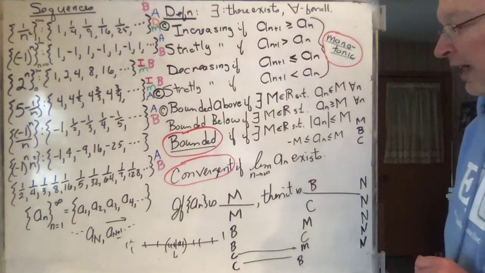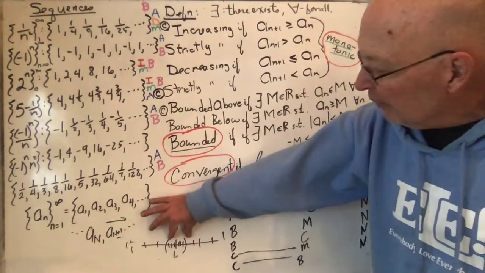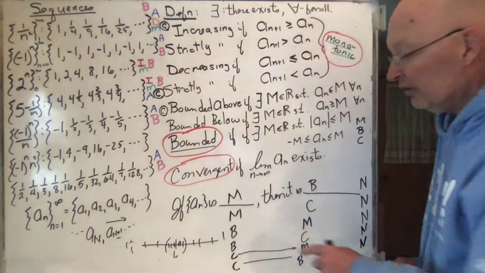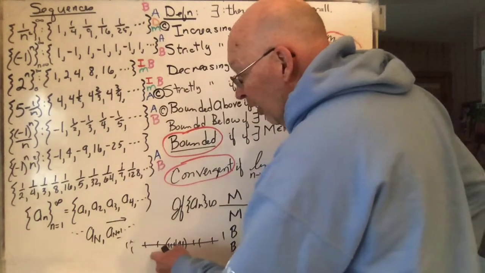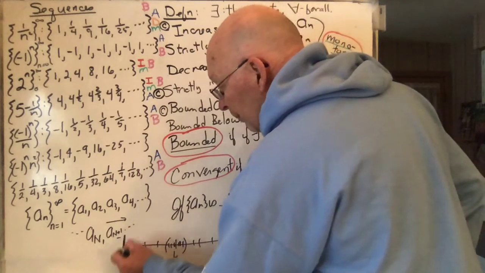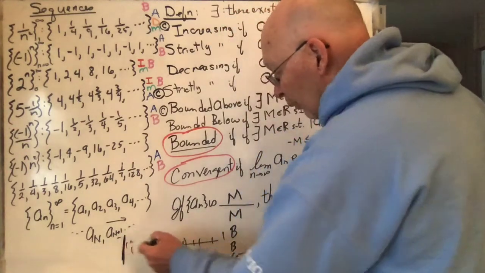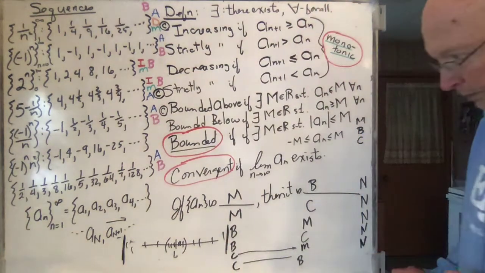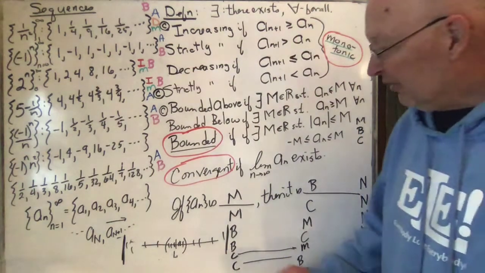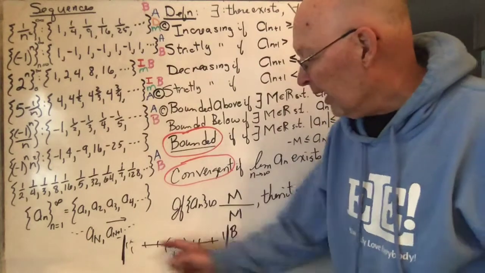And since you only have a finite number of things outside of that interval, we can just look at each one and say, okay, what's the smallest of all of them? And put a bar right there. And what's the biggest of all of them? And put a bar right there. And basically, you got them trapped.